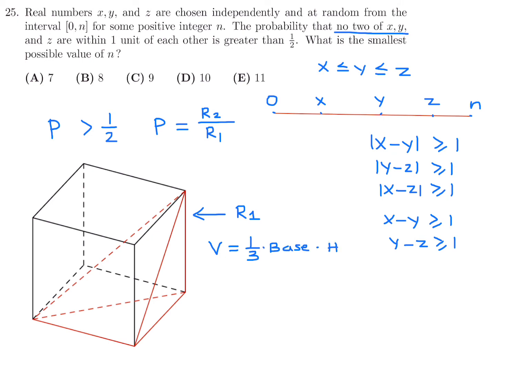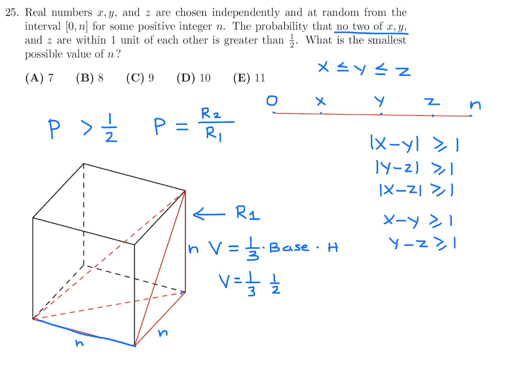Now, in this case, this cube is the full interval, 0 to n. So each of these sides is n. This is n, this is n, this is n. So the volume would be 1/3 times base, and the base is just this triangle. So the area of that base is pretty easy to figure out. It's just going to be 1/2 base times height.